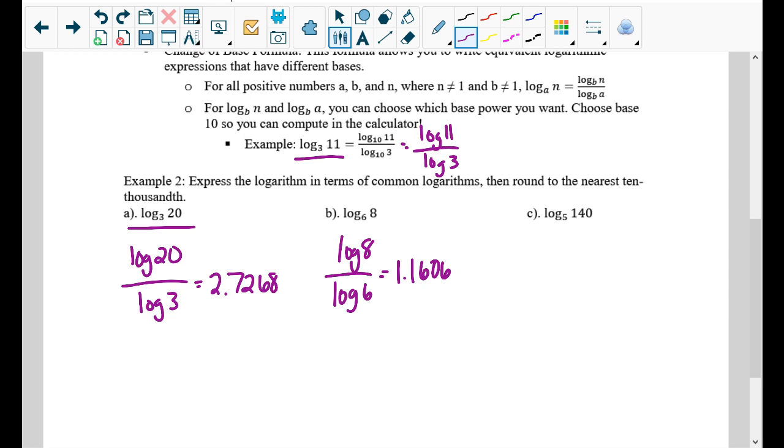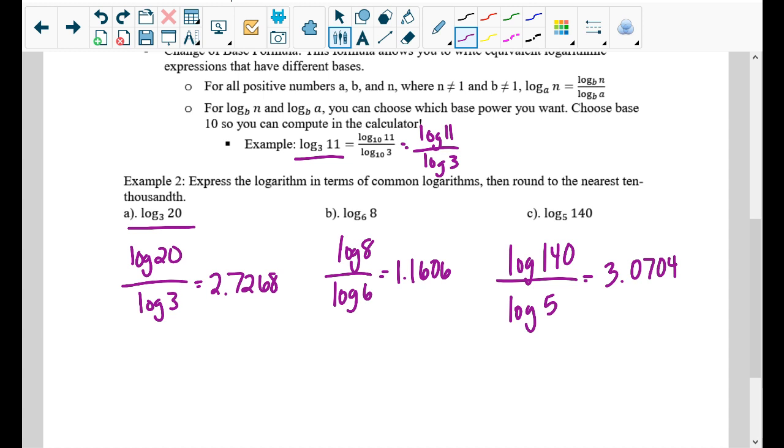And the last one here, in example 2, we're taking the log base 5 of 140, so we're taking log of 140, dividing it by the log of that base, so log of 5, and divide those out. It's not the same as dividing 140 by 5, because they have logs with them, so 3.0704.